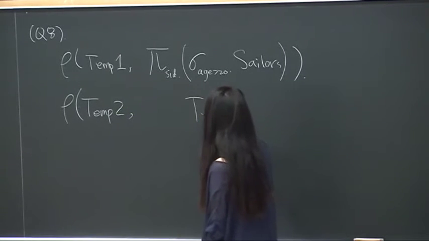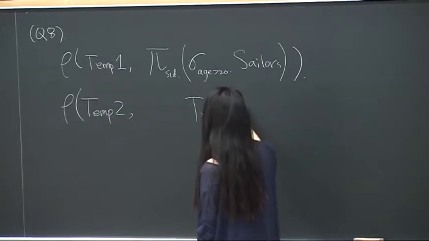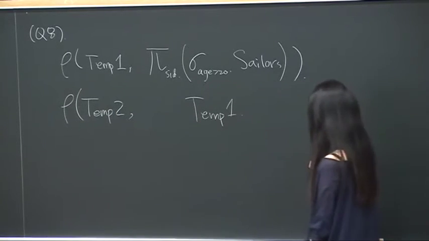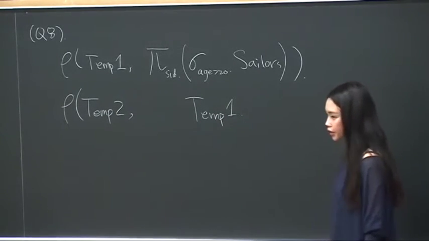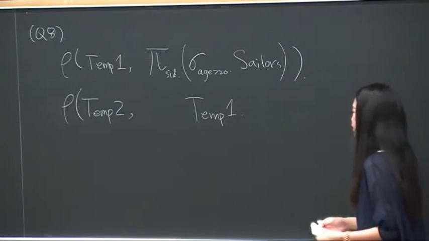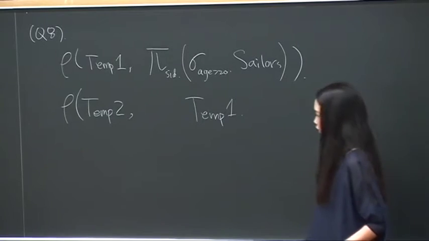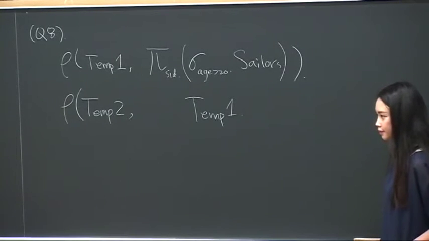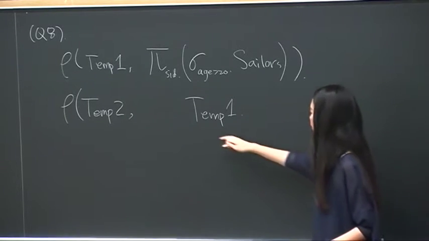So instead of putting the sailors information, we put Temp 1 this time, which is sailors that are older than 20 years old. Then what should we do? How do we proceed from here to get those that have reserved red boats?